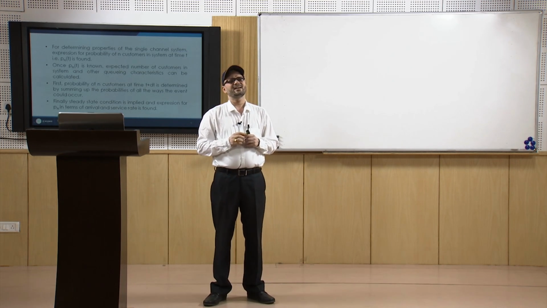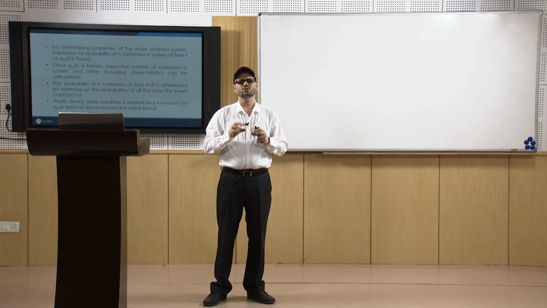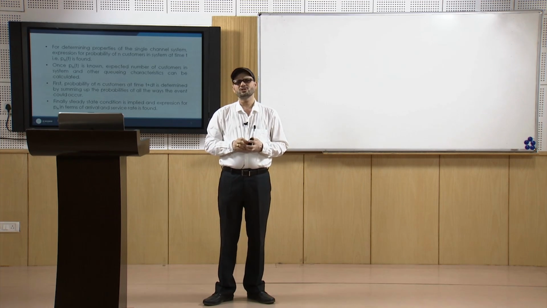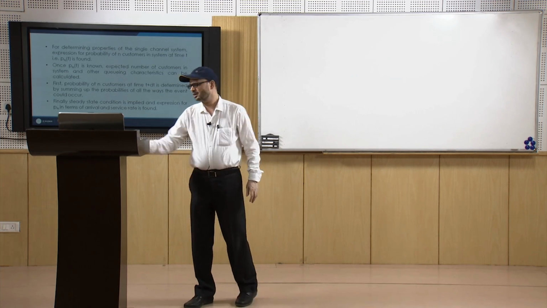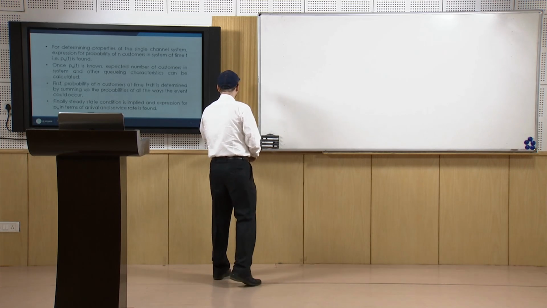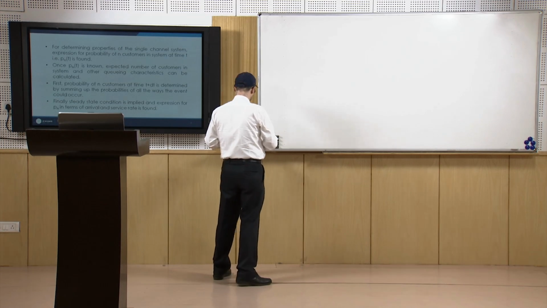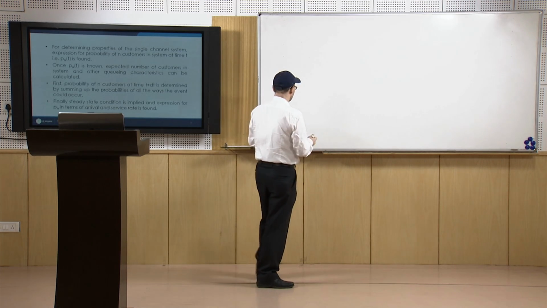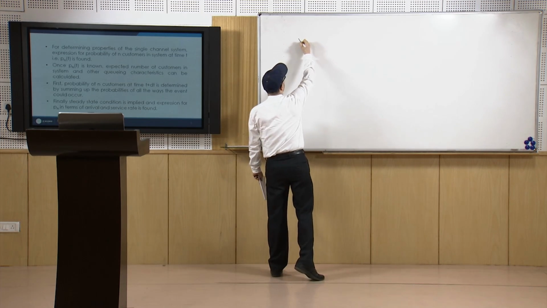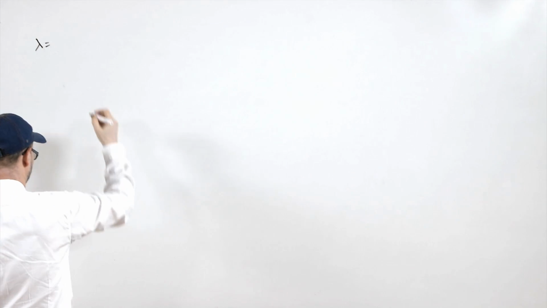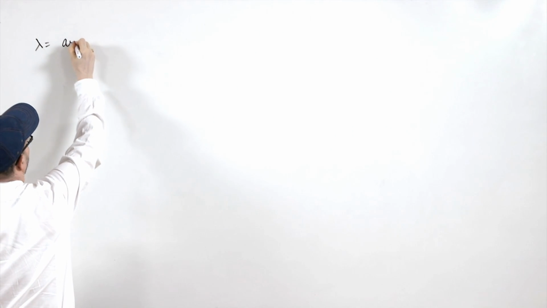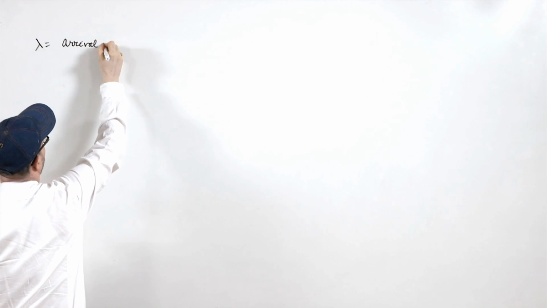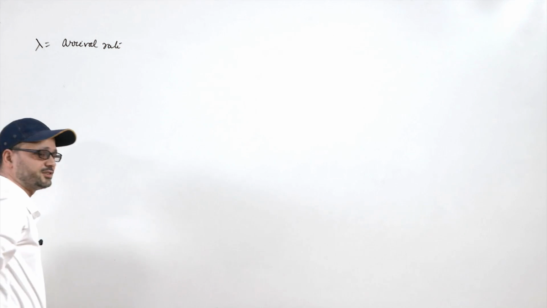Before that, let us have an introduction to certain terminologies which we normally discuss. We deal with terms like lambda, the arrival rate, that is the number of arrivals per unit time.